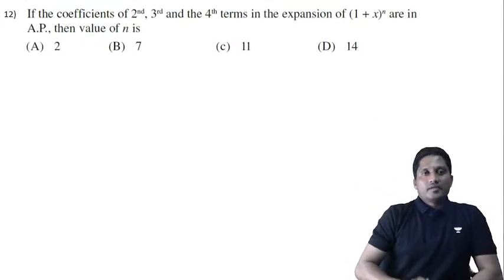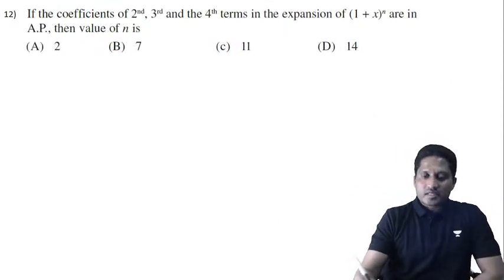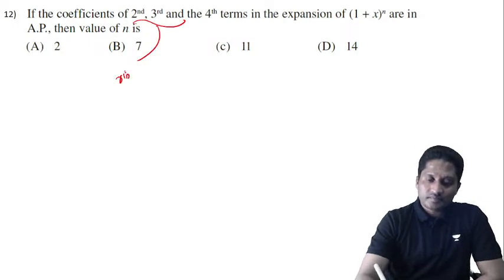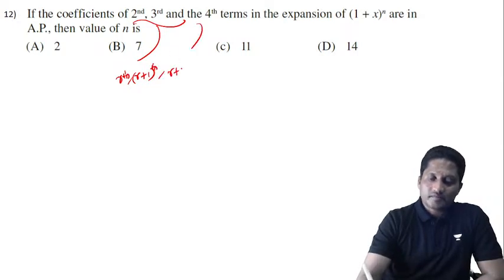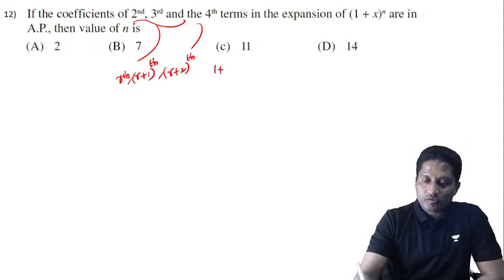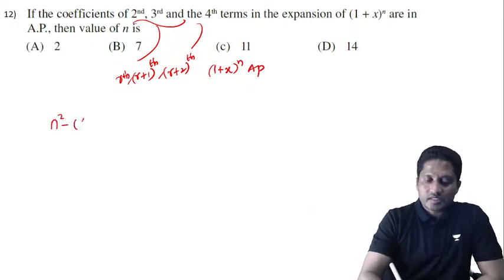Question number 12. See, I give you a standard result. If the coefficients of the rth term, (r plus 1)th term, and (r plus 2)th term in the expansion of (1 plus x) whole power n are in AP, then the direct result is n square minus (4r plus 1) into n plus 4r square equal to 2.